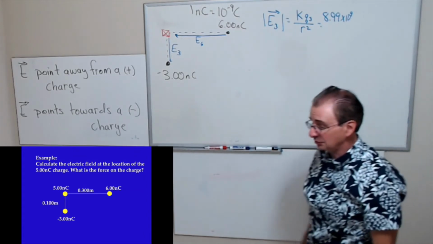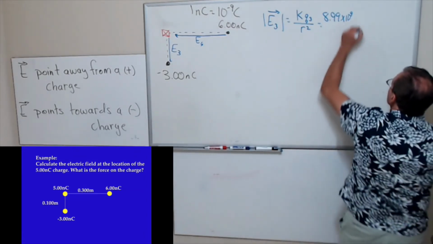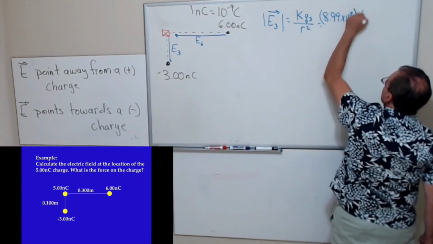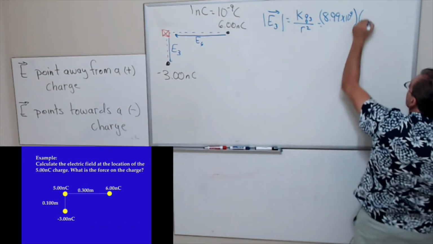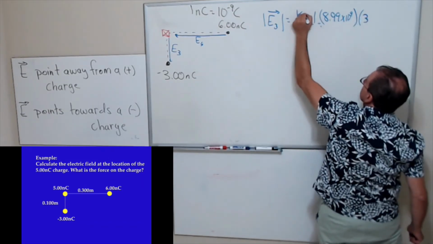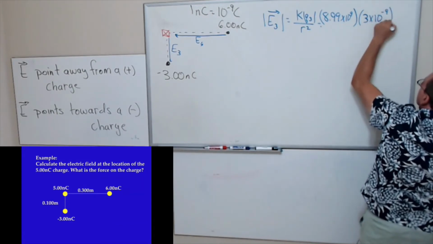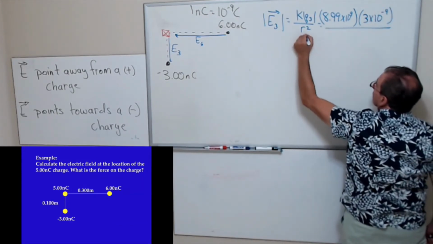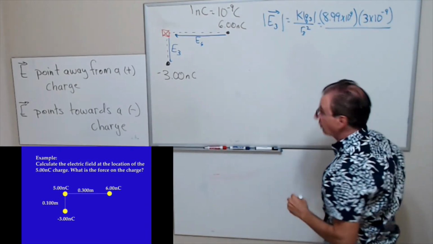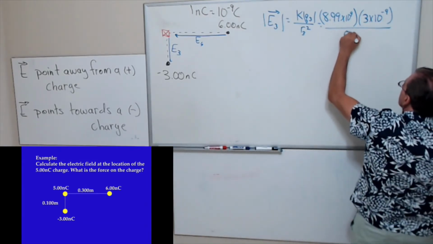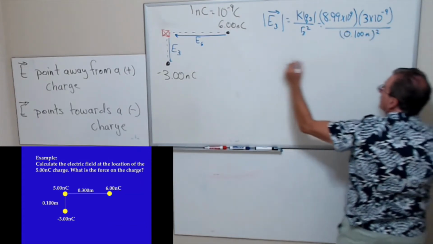Again, I'm not going to write the units because I don't have enough space on that board. I apologize for that. And then that's 3 nanocoulombs. I'm finding the magnitude, so I do this. And the distance is 0.1 meters. Let me do E6.